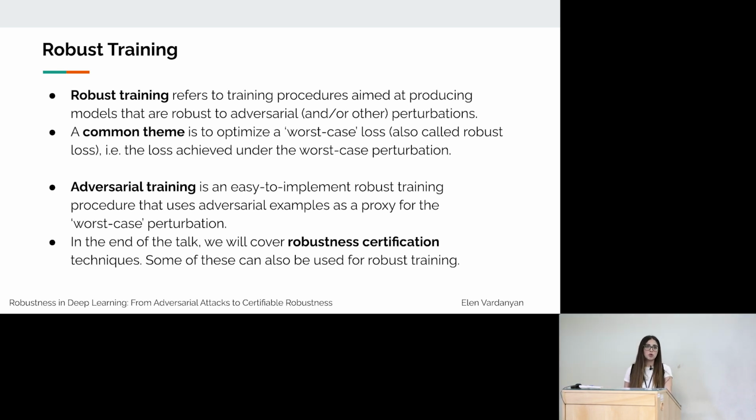So we change the normal loss that we have in all neural networks into a more robust one, the loss achieved under the worst-case perturbations of the input. Adversarial training is one of the robust training methods. It is an easy-to-implement procedure that uses a proxy for this worst-case perturbation, so not actually the worst-case one. And at the end of the talk, we'll also cover robustness certification techniques, some of which can also be used for robust training.